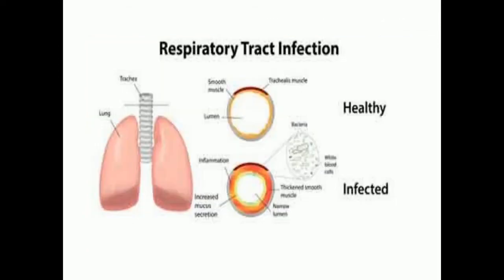In the picture, you can clearly see the respiratory tract, healthy versus infected. There is mostly disturbance clearly seen in the infected respiratory tract. The mucosal layer and everything has been disturbed in the respiratory tract infection.